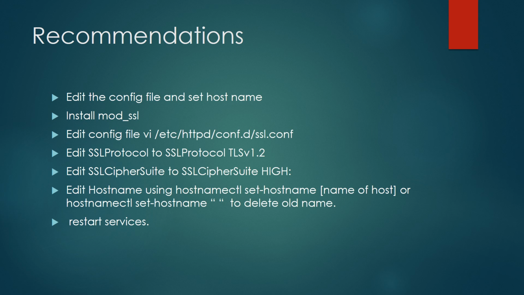Either of them should work, I think, or a vim, and you get into the /etc/httpd configuration file, the SSL configuration file, and then you edit the SSLProtocol to TLSv1.2, and you can also edit the SSLCipherSuite to HIGH.